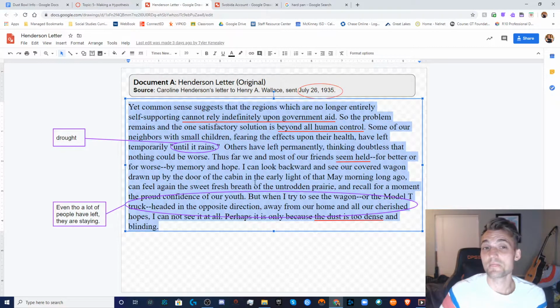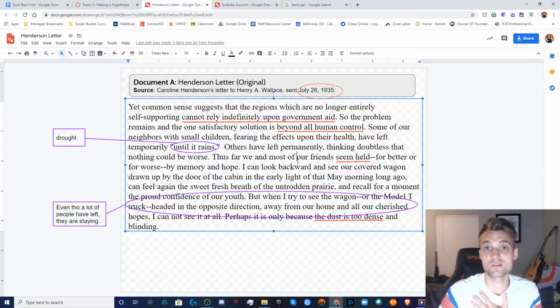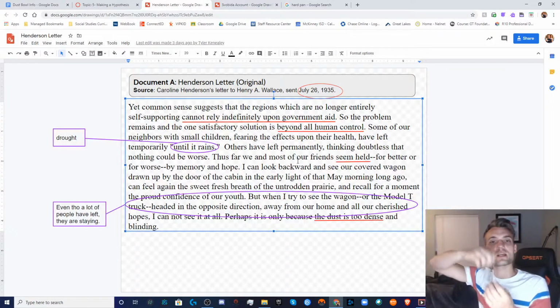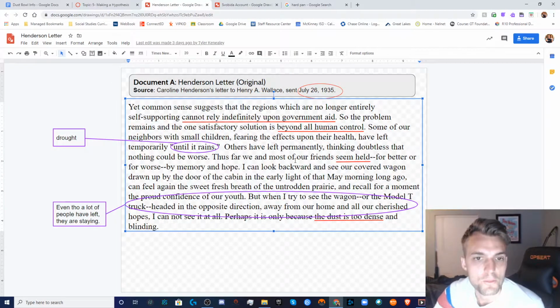If your hypothesis is way off base, then your notes or your understanding of the primary source probably aren't where they need to be, so you might want to be taking those notes. I always take notes. It helps me decompress and dissect primary sources. So let's go ahead and get started.